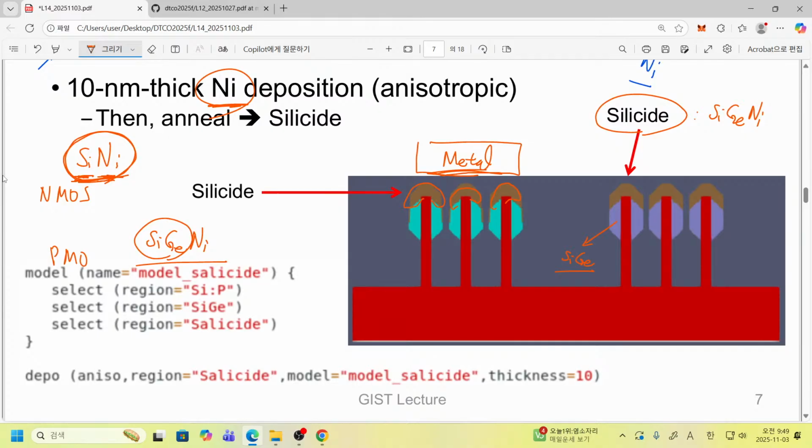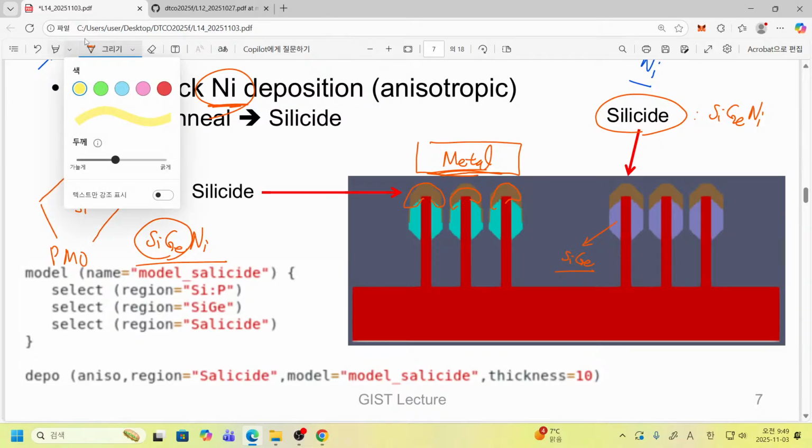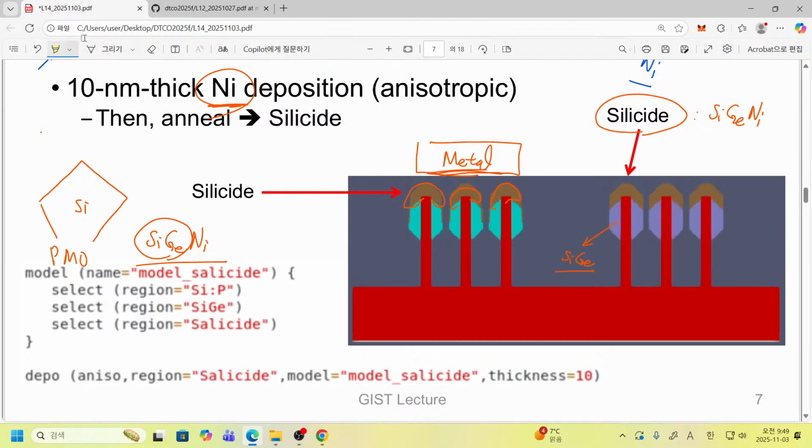In reality, we have silicon, and nickel is deposited.